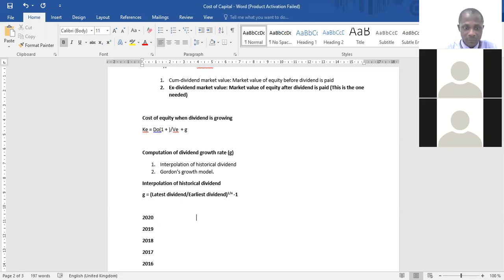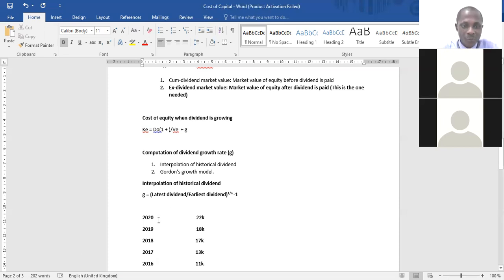Let me assume that the company paid 22 kobo per share here, and here 18 kobo per share. And here it paid 17 kobo per share. Here the company paid 13 kobo per share. And here the company paid 11 kobo per share.